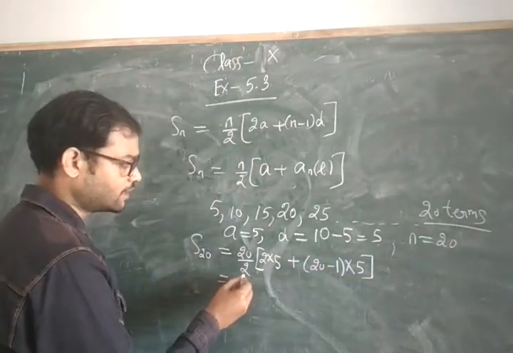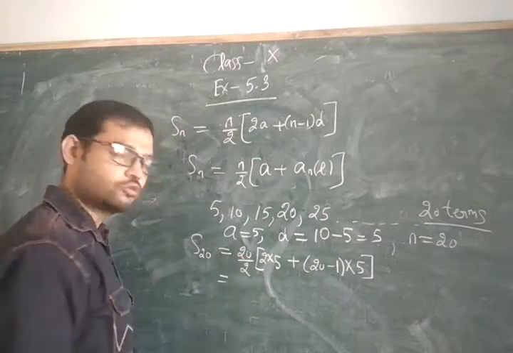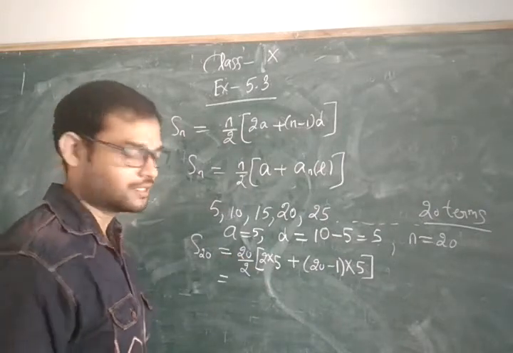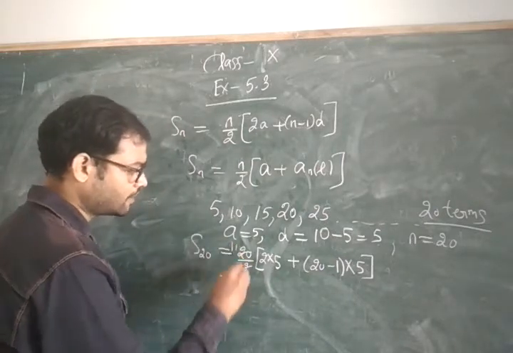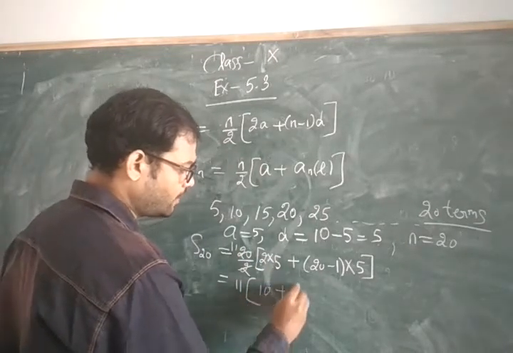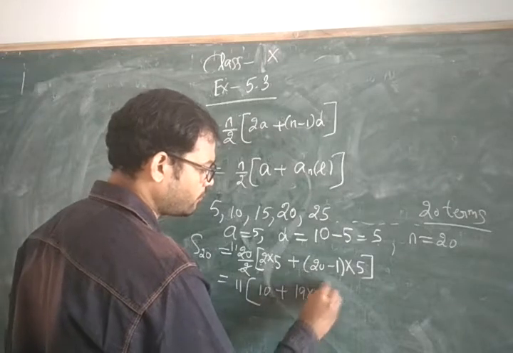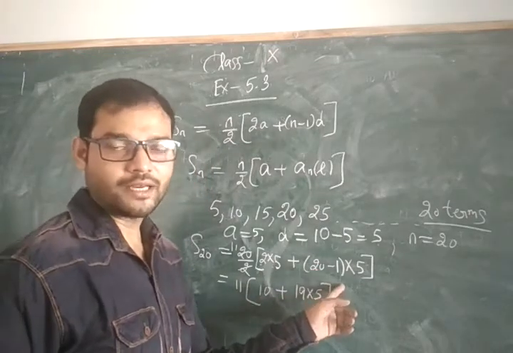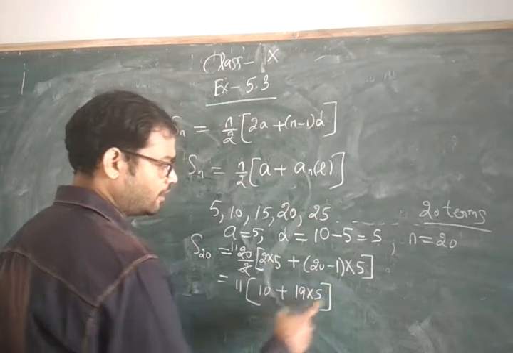So now you can see this is cancelled. If it cancels then do it, if not then leave it as it is. So I cancel it, it becomes 11, and here is 10 plus 19 into 5. From 20 you subtract 1, it is 19, and 19 into 5.